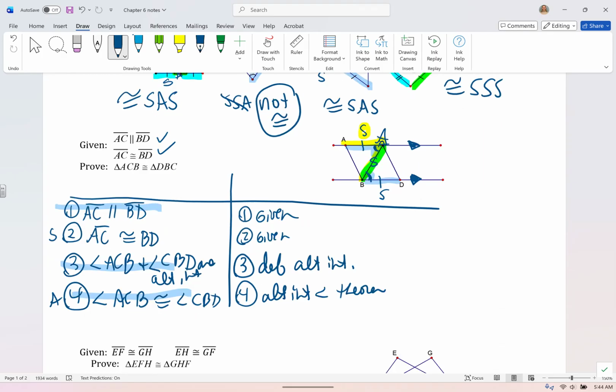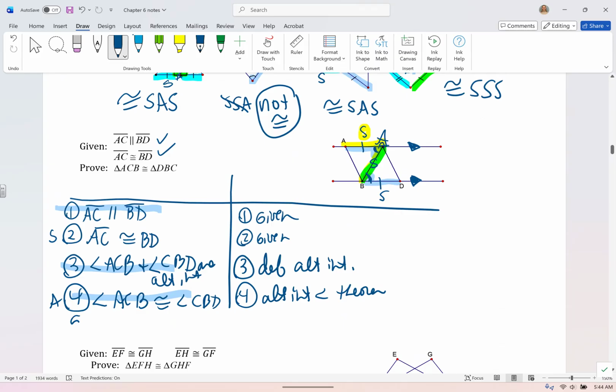And so we're going to state that segment, that's going to be CB. Okay, so that's that green segment. So segment CB is congruent to segment CB. Why? Reflexive property of congruence. And then our sixth step is going to be side angle side.